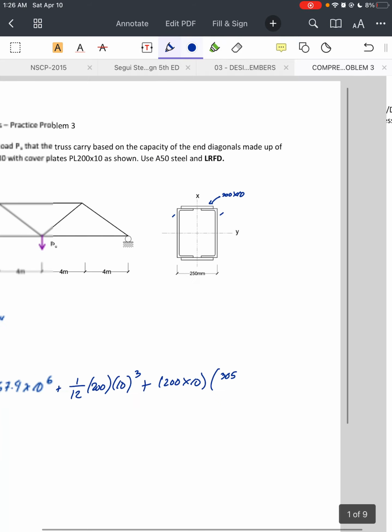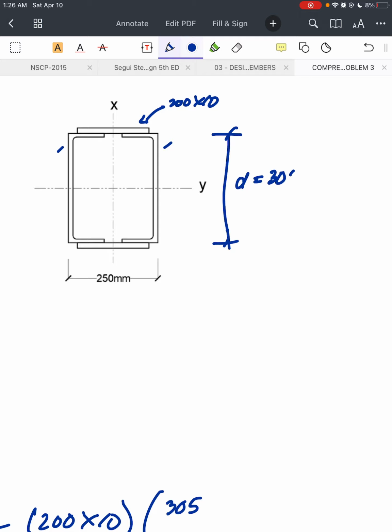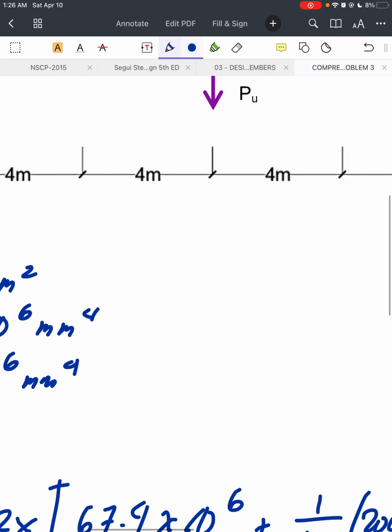This 305 is your D, the depth of the channel.